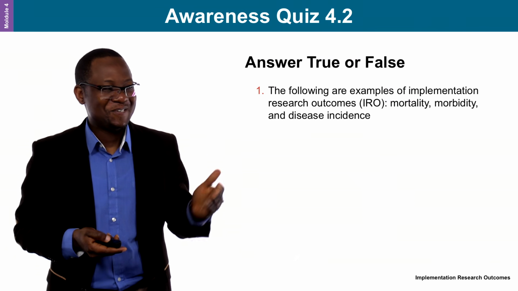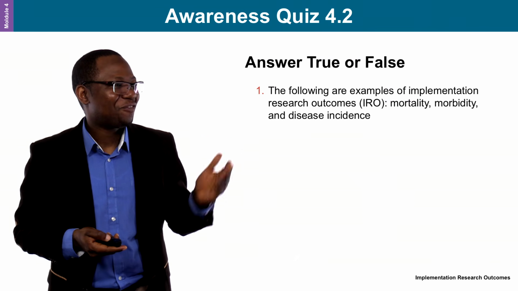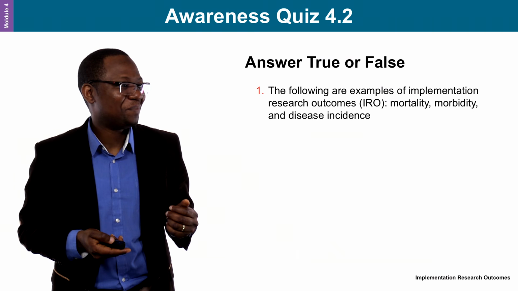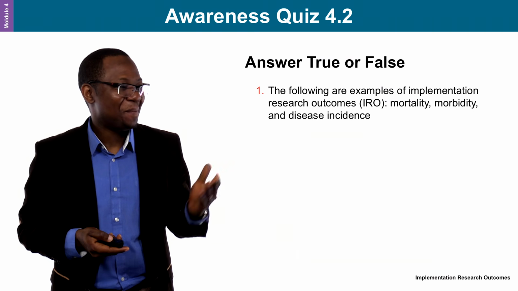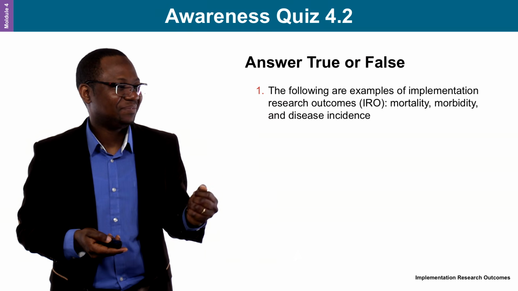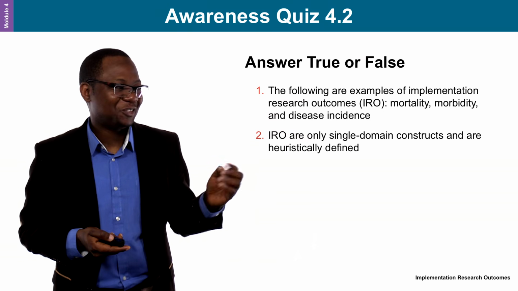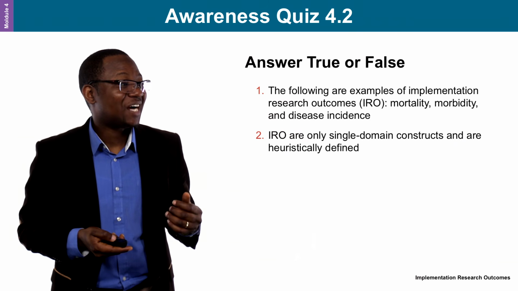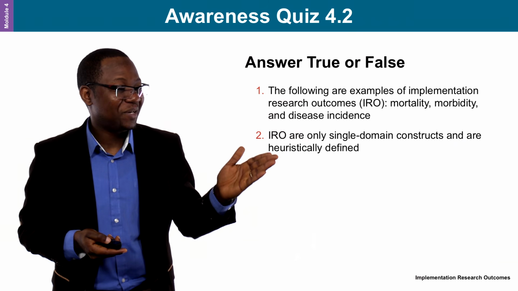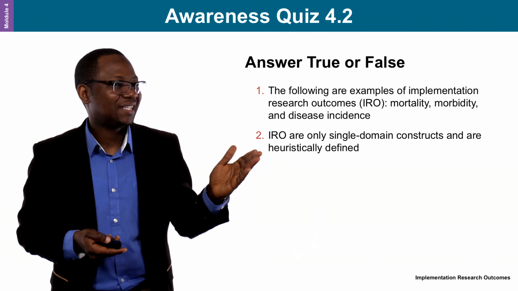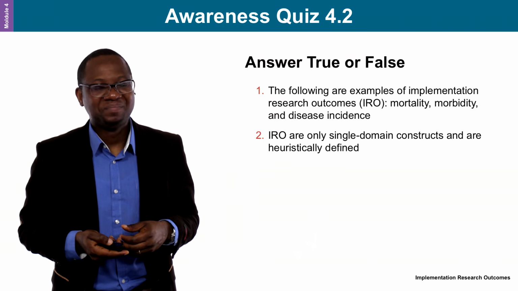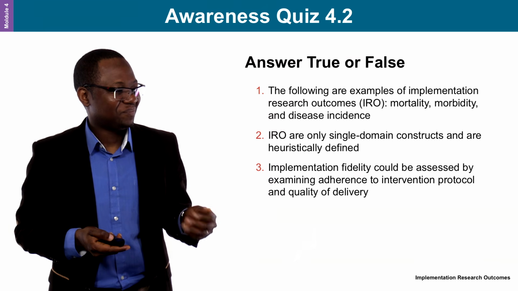following questions. The first question: the following are examples of implementation research outcomes: mortality, morbidity, and disease incidence. Question 2. Implementation research outcomes are only single domain constructs and are heuristically defined. Question 3.